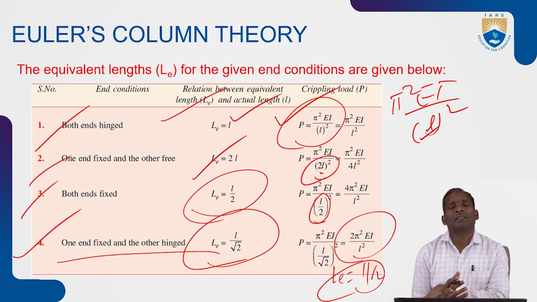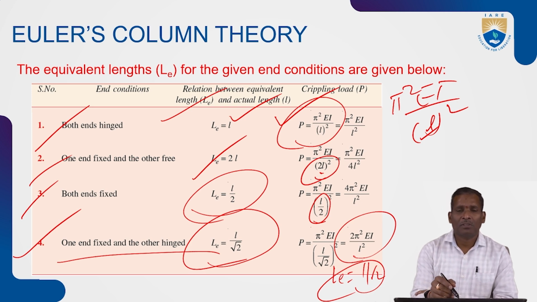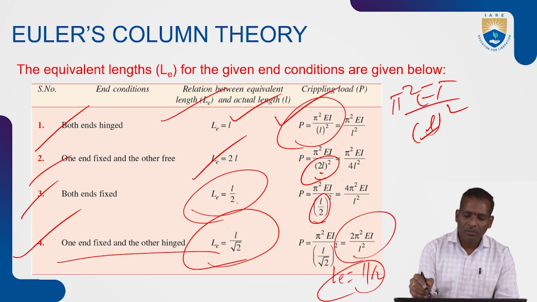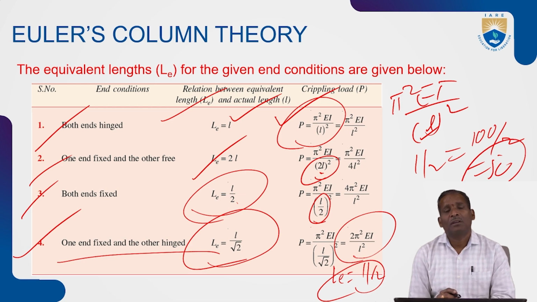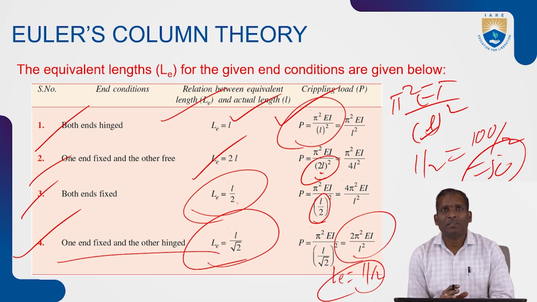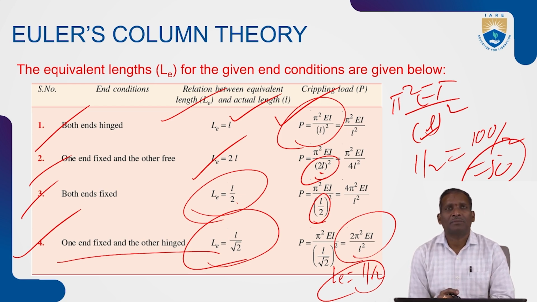Suppose the given value is 400 mm or 200 mm. So L by 2 means you have to take 100 by 2 and substitute it, depending upon the given end condition.